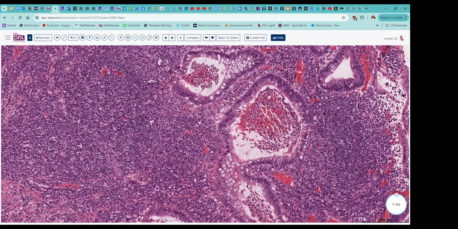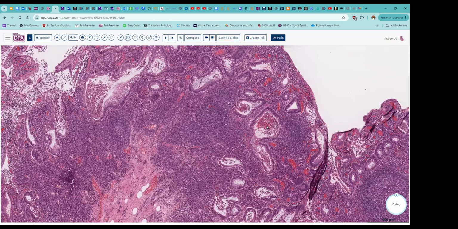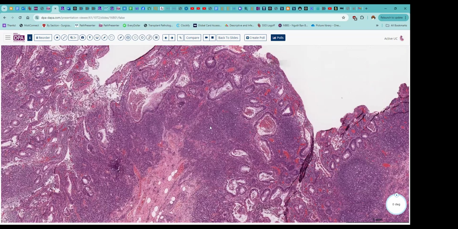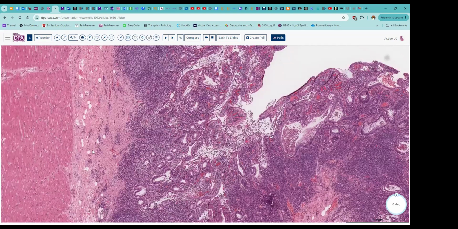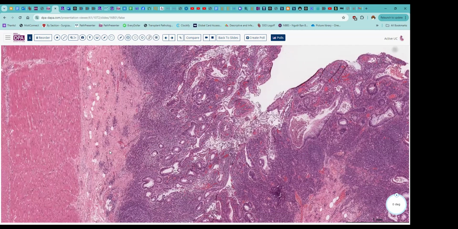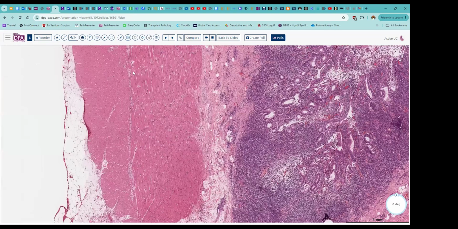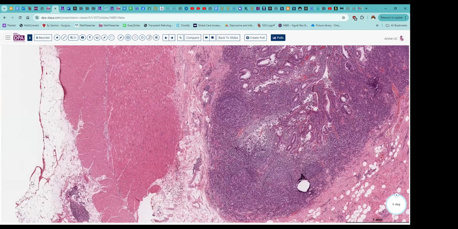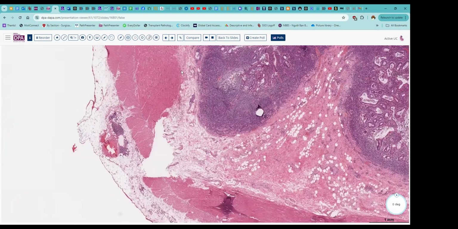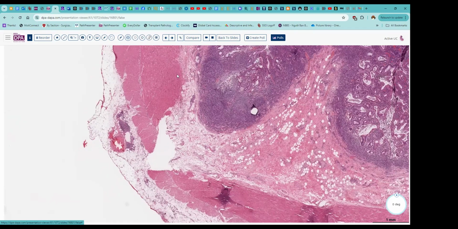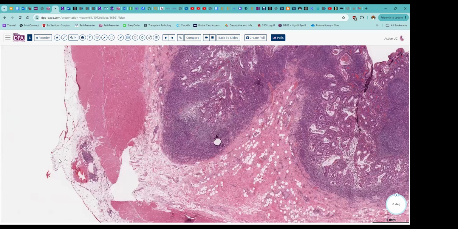So involvement of the terminal ileum with crypt abscesses and distortion, a modicum of deeper inflammation, and traces of adventitial inflammation probably put this into the category of Crohn's disease.